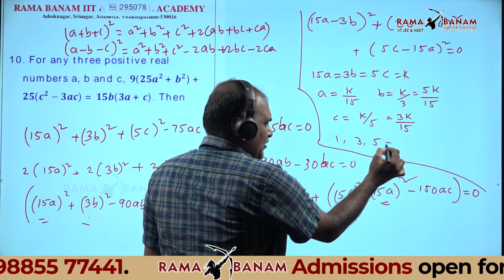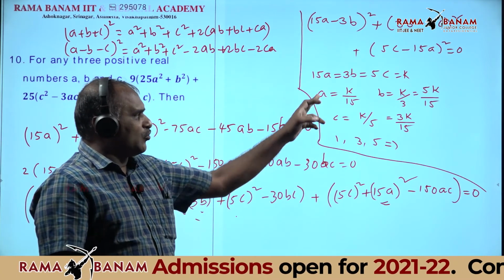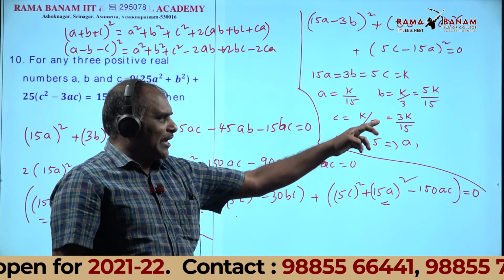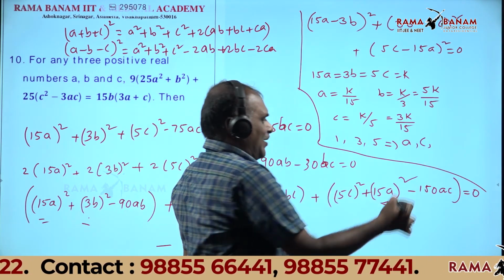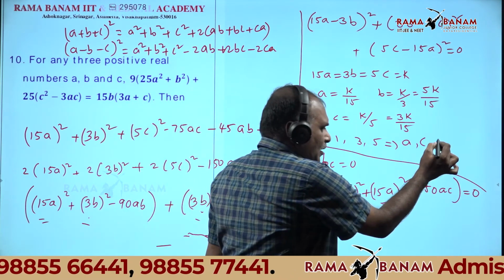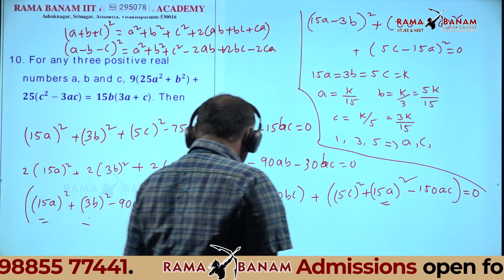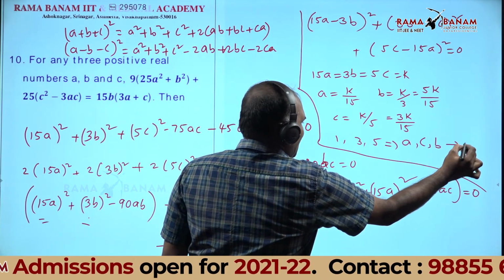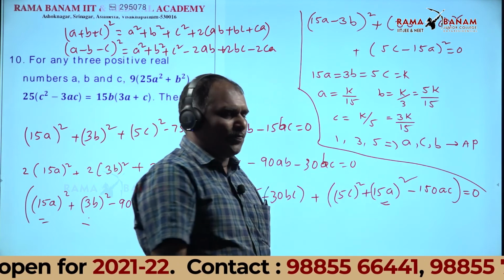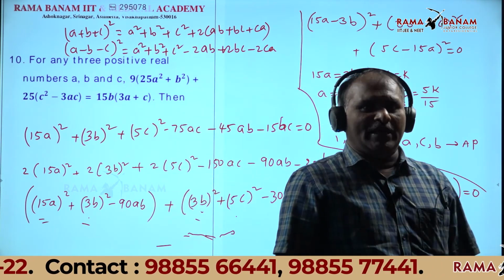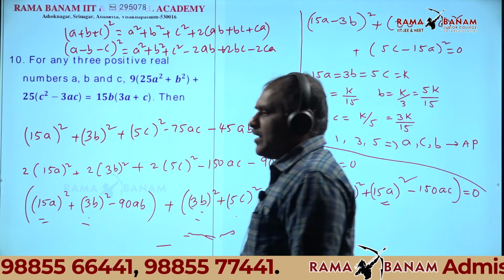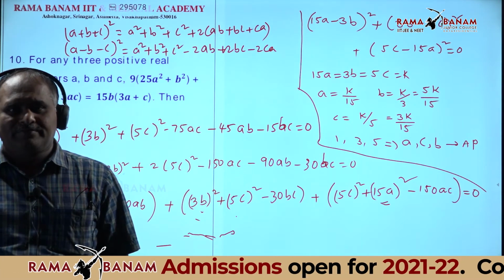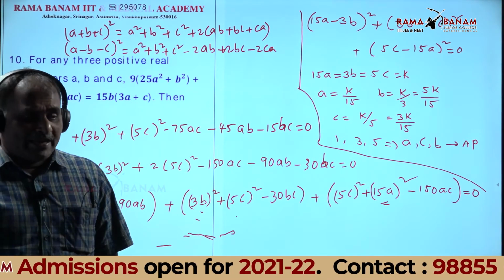That means 1 into k by 15 is A, next 3 into k by 15 is C, 5 into k by 15 is B. In which progression? Arithmetic progression. Therefore, A, C, B are in arithmetic progression. Okay, clear? Yes, sir.